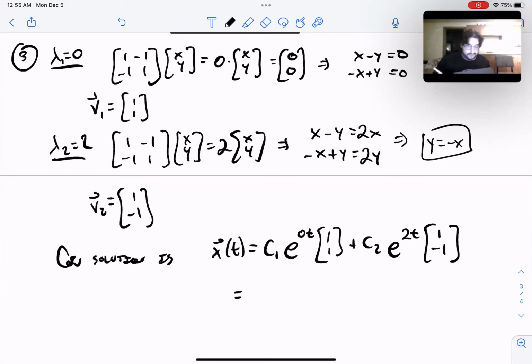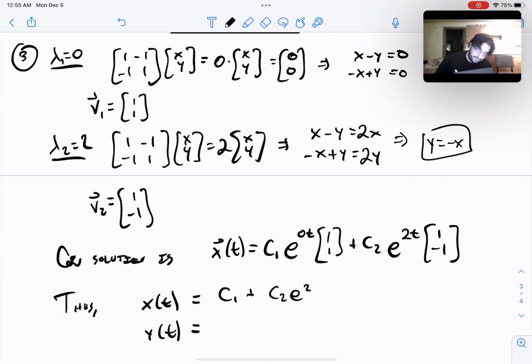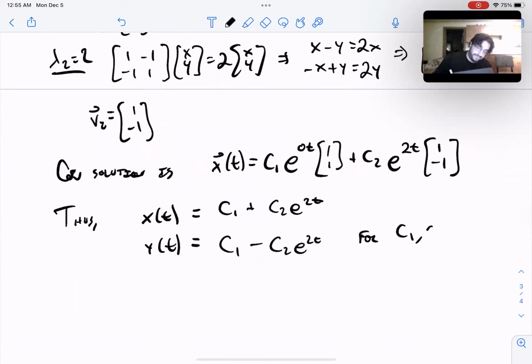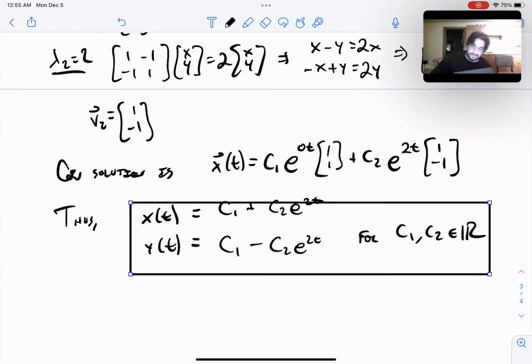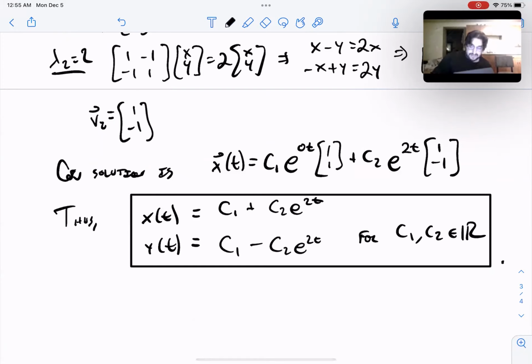So if you want to then rewrite that as our actual functions, x of t and y of t, what do we have? x of t is just c1 plus c2 e to the 2t, and y of t then is c1 minus c2 e to the 2t, for c1 and c2 in the reals. There we go. So there's system 3, using e to the eigenvalue t times eigenvector as the form of our solutions.